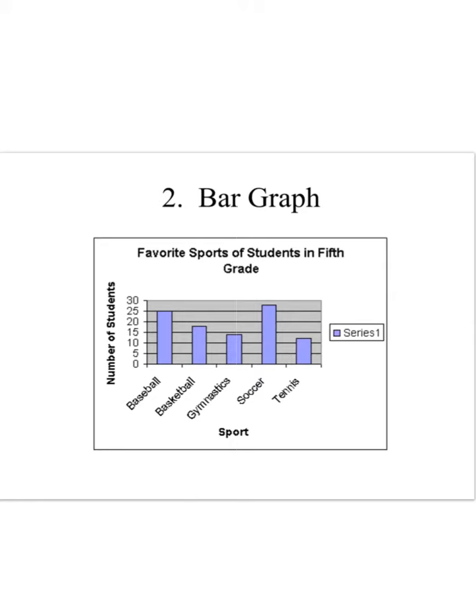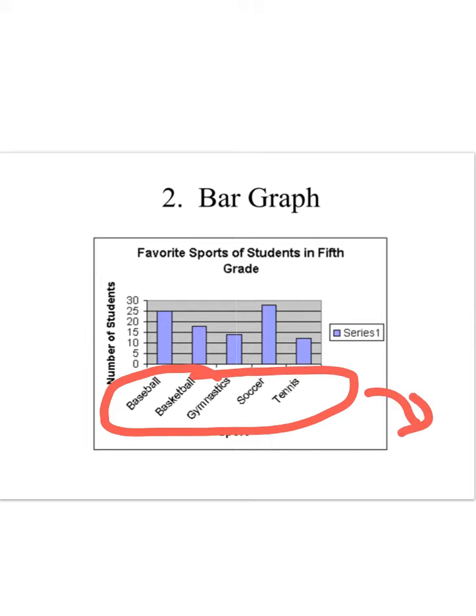Bar graphs are great when you're working with categories down here like you see on your x-axis. So this time when you make a bar graph, instead of putting a dot wherever your category and your dependent meet, you make a bar. And then that way you don't have to connect dots at the end.